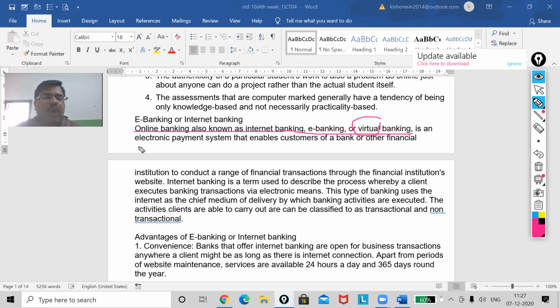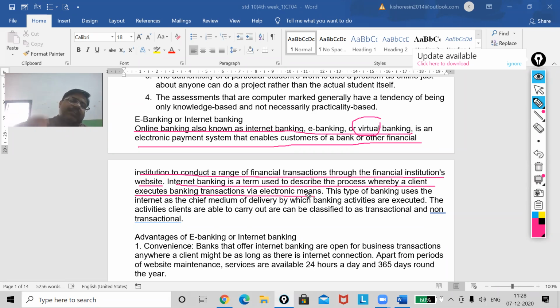It is an electronic payment system that enables customers of a bank or other financial institution to conduct a range of financial transactions through the financial institution's website. Internet banking is a term used to describe the process whereby a client executes banking transactions via electronic means.